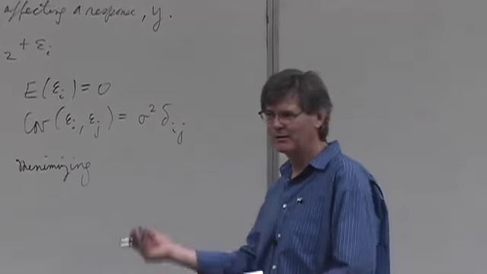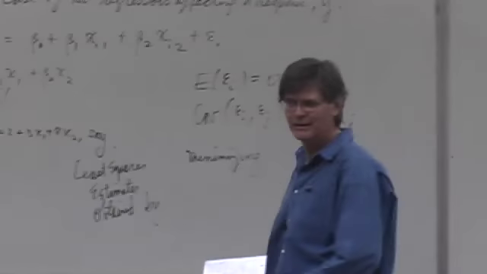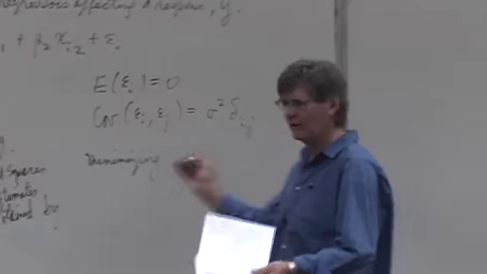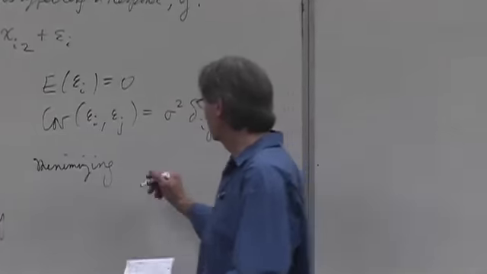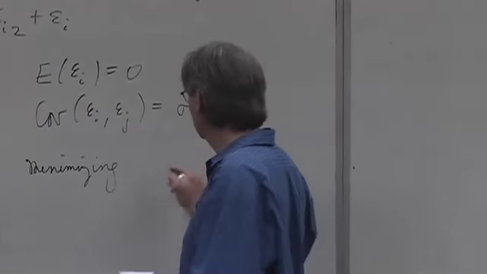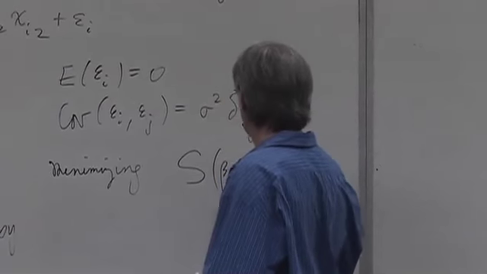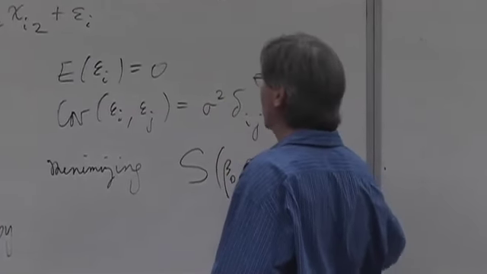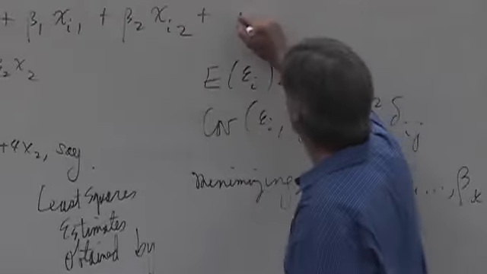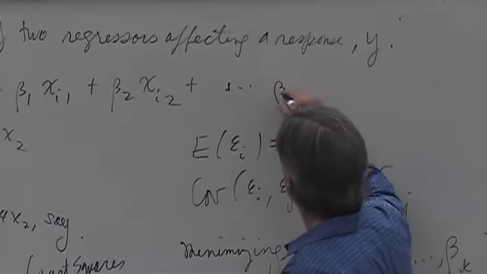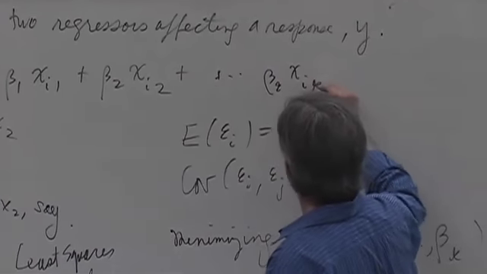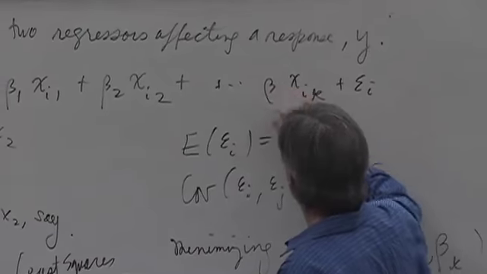They were the same as the maximum likelihood estimators in the case of simple linear regression. We expect all that to follow through. And let's just get the formula. So for minimizing the sum of squared errors, S of beta 0, beta 1, and let's go up to k regressors now. So let's go ahead and make this beta k xik plus epsilon i. So sorry about that.